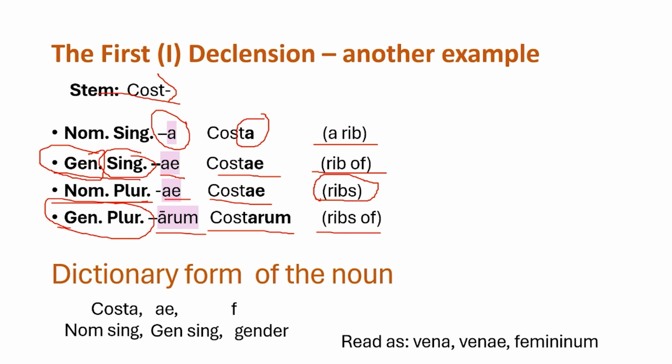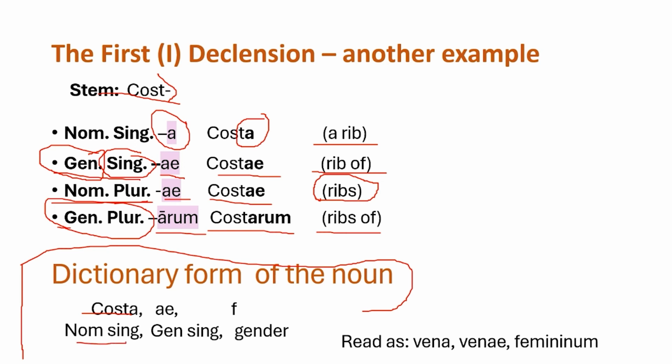So yes, this is about the first declension. Your teacher might ask you to produce or write dictionary forms of the noun. What we mean by that is, if you look in the dictionary, you will find nouns written this way. So we'll continue with our example from the top, costa, our favorite. Costa, if you look at its ending in a, that means it is nominative singular.